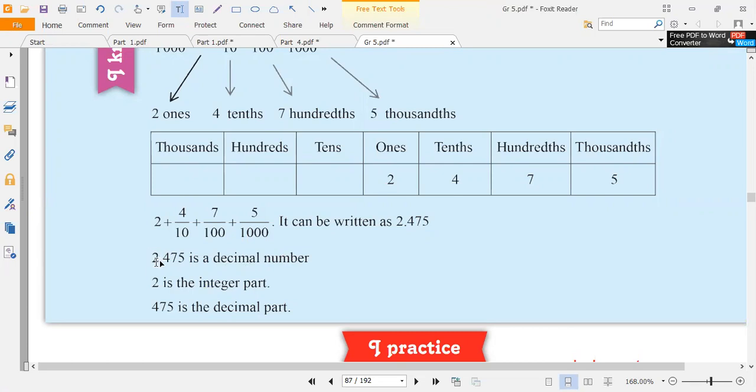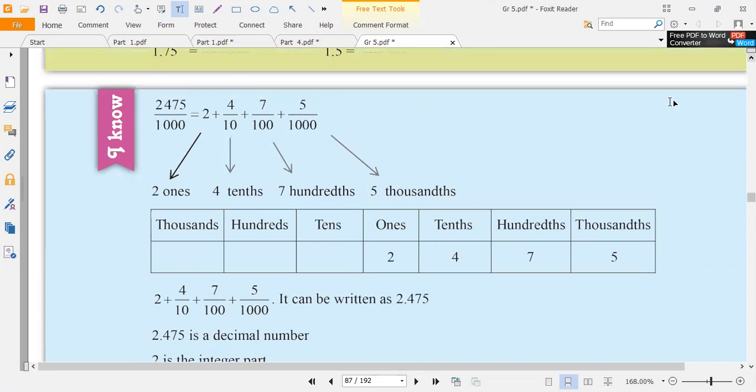But how do we write this number in words? First, let's put this number in the table. In this table, we know that the 2, which is before the point, is the ones digit.